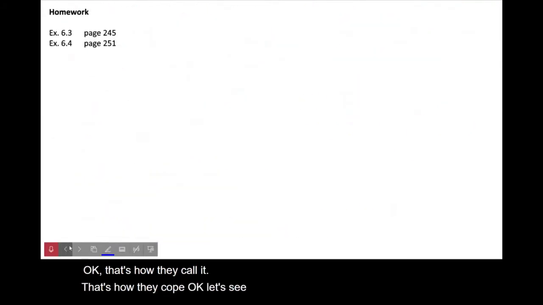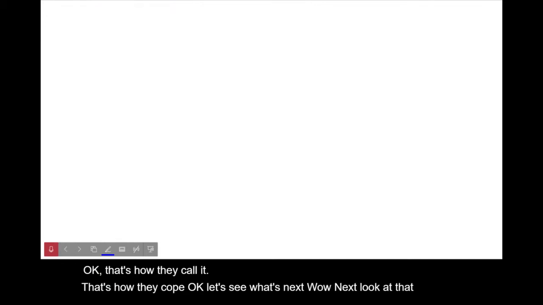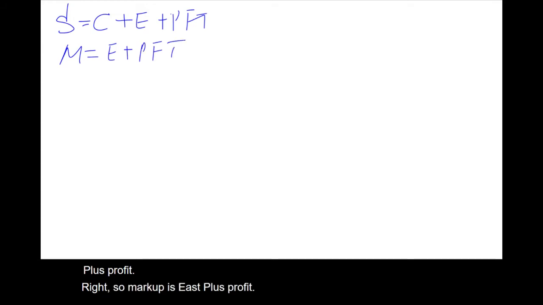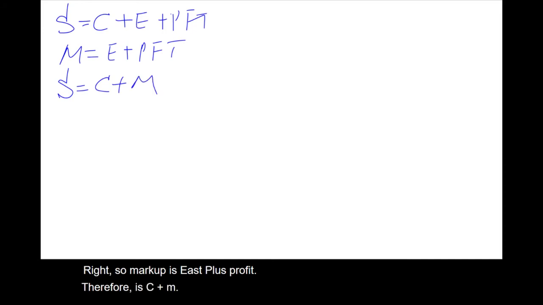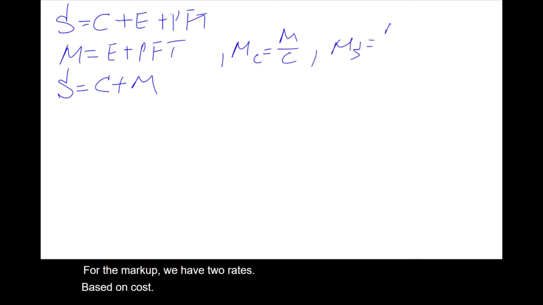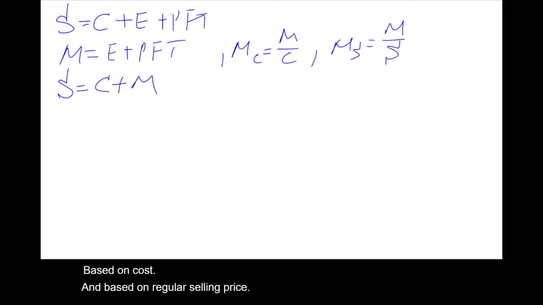Okay, let's see what's next. Wow, next, look at that. It's a homework. But before homework, let's put formulas again together. So price is C plus E plus profit. Right, so markup is E plus profit. Therefore, S is C plus M. For the markup, we have two rates based on cost and based on regular selling price. Okay, that's markup.